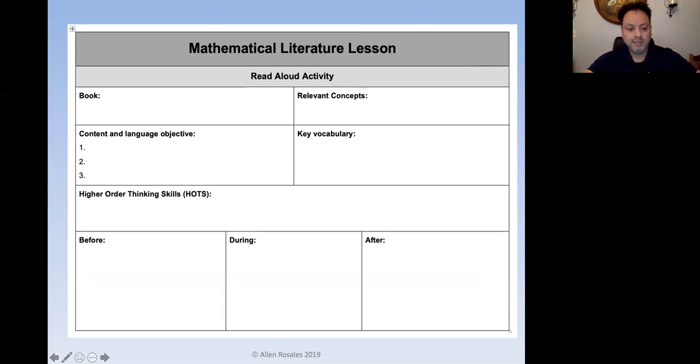And then the last piece is, what are you doing before, during, and after the read aloud to engage children in critical thinking? So are you asking prediction questions? Are you building up knowledge of the key vocabulary words, right? So you might have something like the word porridge that many children may not have heard before.